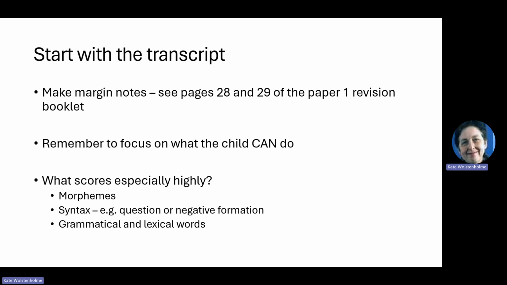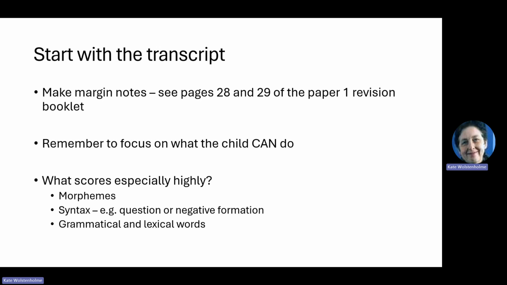So look at, what semantic field are they using? Can they use any morphemes, like are they making plurals using an S? Can they make tenses? So can they make past tense using ed or future tense using modal verbs like will? Are they using concrete nouns? Are they using material verbs?